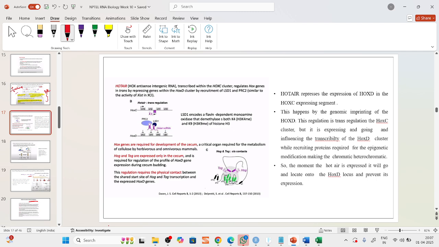For example, HOTAIR, which stands for Hox antisense intergenic RNA, is transcribed within the HoxC cluster, and it regulates Hox genes in trans by repressing the genes. No need of going into that. Just remember that HOTAIR has a trans regulation. HOTAIR is involved.